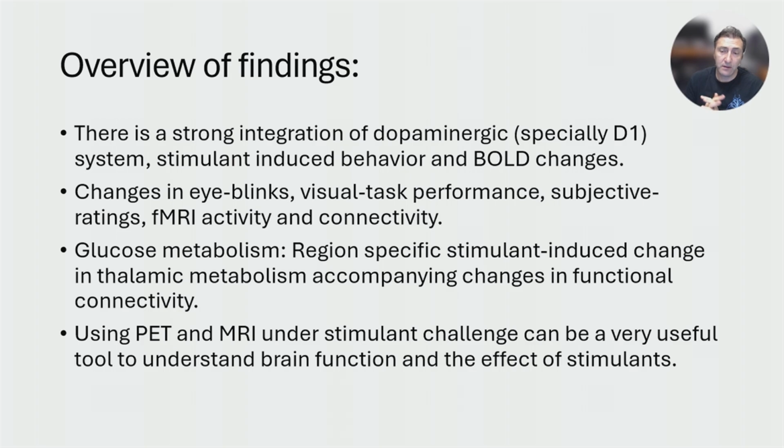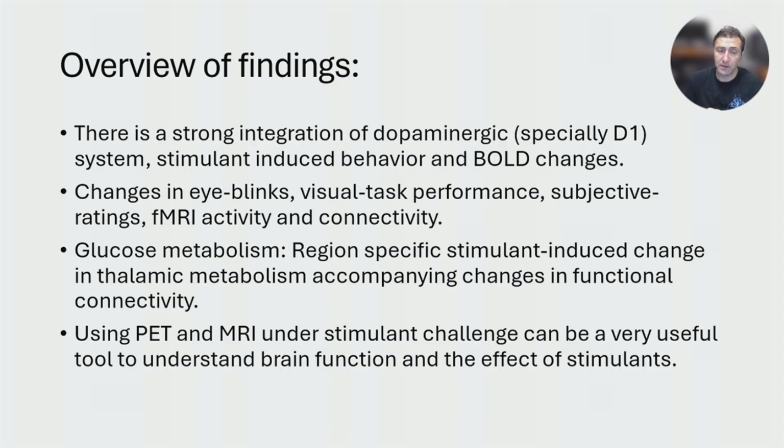We show that generally the D1 system is the major system influencing those behavioral changes, and we also show the D1 system's effects on visual task performance, subjective ratings, and connectivity.